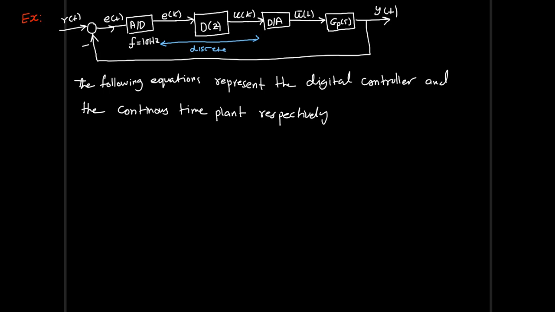So the digital control is given by U of k is equal to U of k minus 1 plus 2 E of k minus 1.